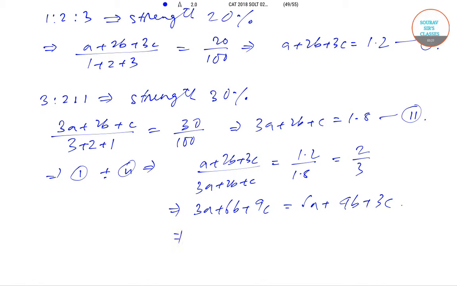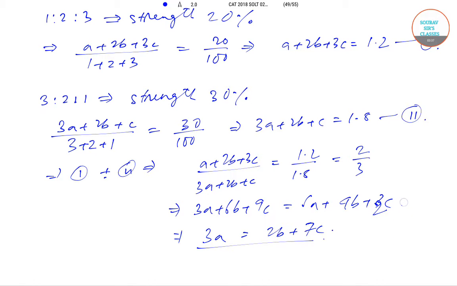And this gives us that, if we keep A on one side, thrice of A will be equal to 2B plus 7C.